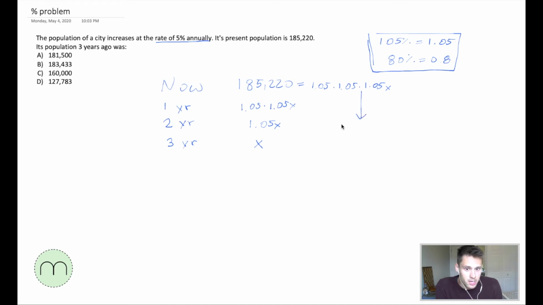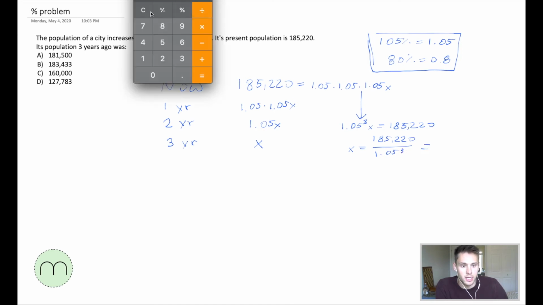So we can go ahead and solve this problem. So we know that 1.05 to the power of 3 times x equals 185,220. So we know that x equals 185,220 divided by 1.05 to the power of 3.